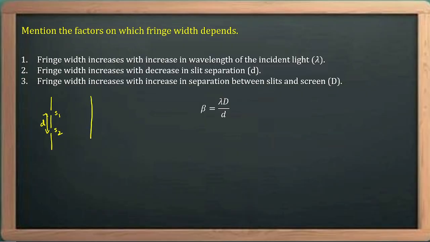From these two slits you will get light, so they interfere with each other, and an interference pattern is formed on the screen. There will be alternate bright and dark fringes here, having the same intensity. So this is called the central bright fringe.